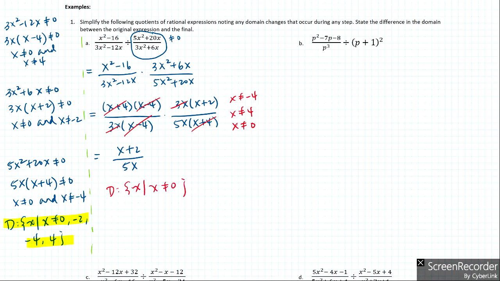So we can say the starting expression and the ending expression are equal except for when x is equal to negative 4, 4, and negative 2 over here. And that's how the domain entirely changed if you compare the starting domain restriction with the ending domain restriction over here. The difference is negative 2, negative 4, and positive 4.